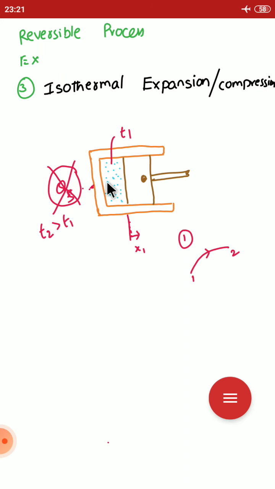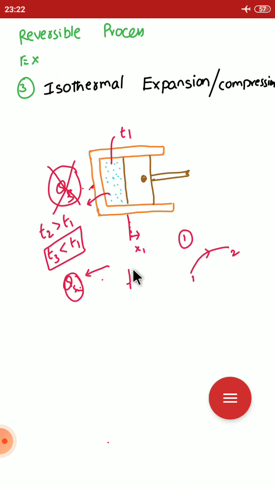Because of the heat transfer, the gas molecules get excited and make the piston extend outwards. In the second case, if you keep a heat source at T3, which is less than T1, heat will flow from the gas molecules to the outside source, because the temperature outside is lower.